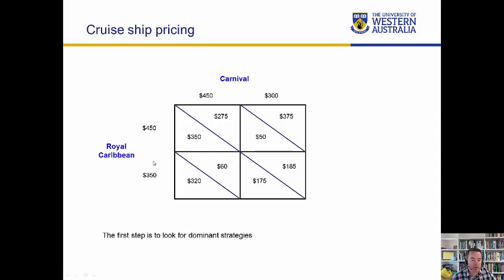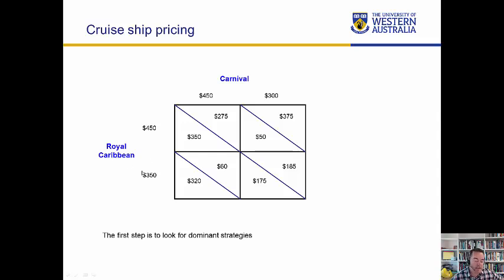So let's have a look at Royal Caribbean first. If they set 350, they earn 320 million or 175 million. But if they set 450, they earn 350 million or 50 million.